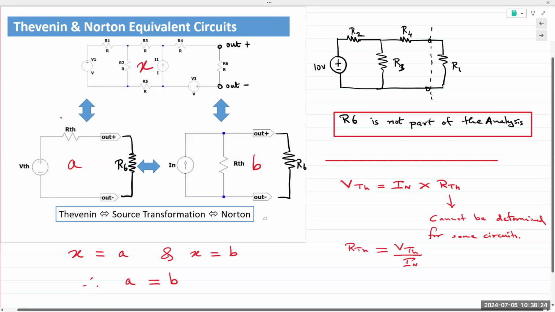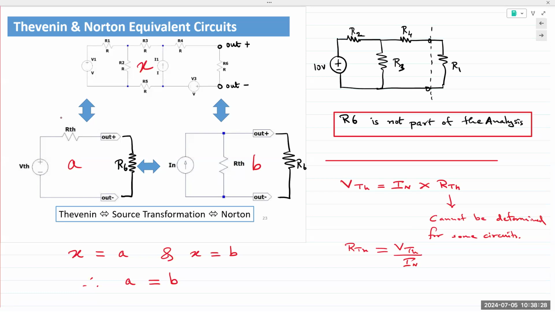And this is the reason why students need to know how to determine each one of those three quantities. You have to be able to determine RTH, Thevenin voltage, and Norton current independently.